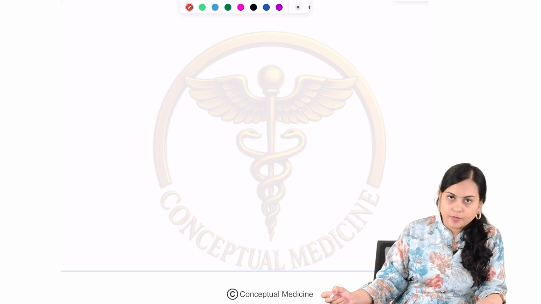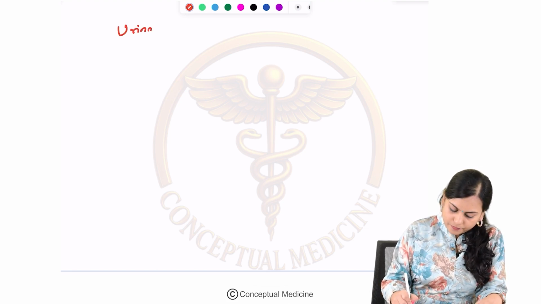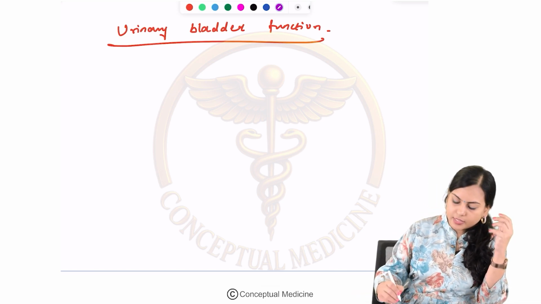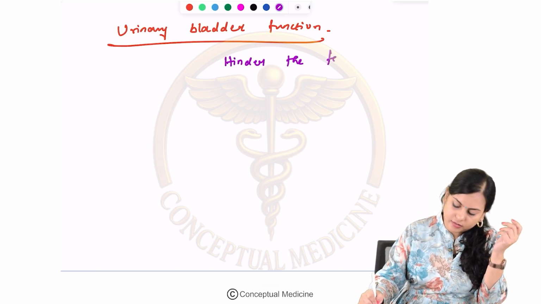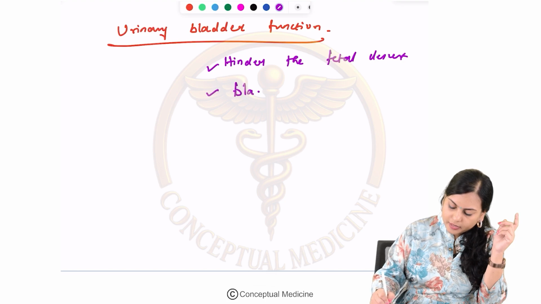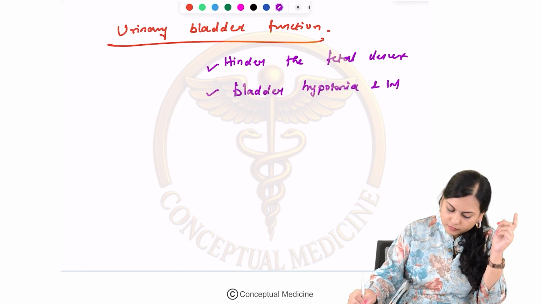how your urinary bladder function is going to be, okay. So, sometimes the distension of the bladder itself can hinder the fetal descent, okay, and it will lead to bladder hypotonia and infection.